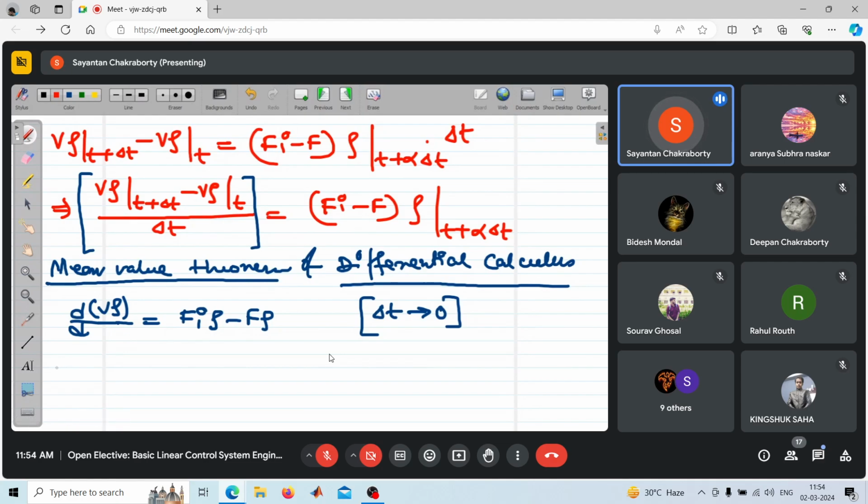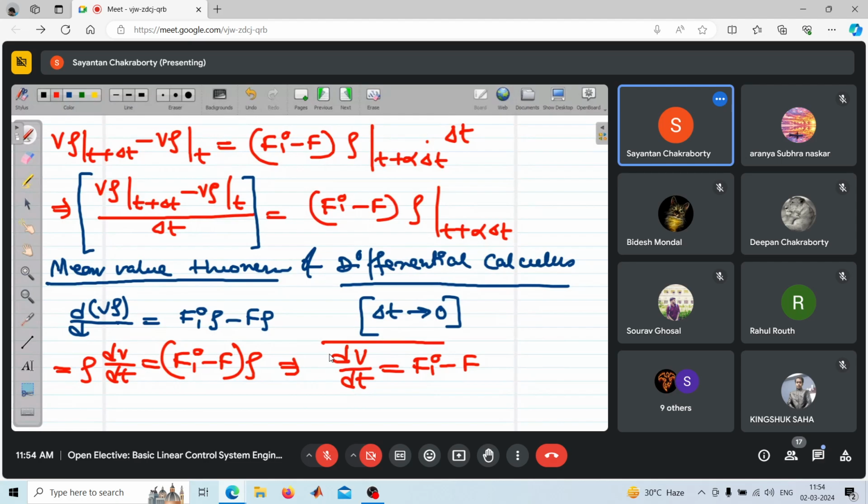Or if you consider this rho to be constant, then you can write rho dV dt is equal to Fi minus F rho, or dV dt is equal to Fi minus F. So if there is a change in Fi, the volume of the water in the tank will change, obviously a very common idea, and how it will change will be determined by this first order differential equation.